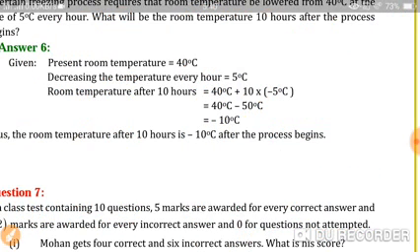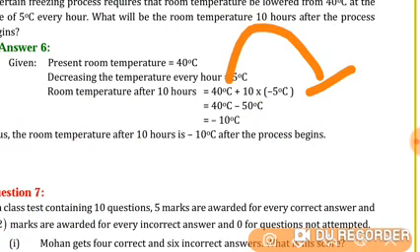So instead of that, we can use the property: 10 times minus 5 added to 40 degrees. You'll get the answer.